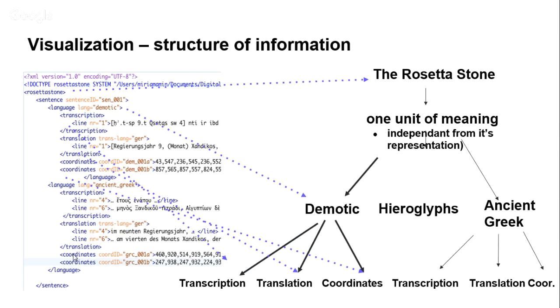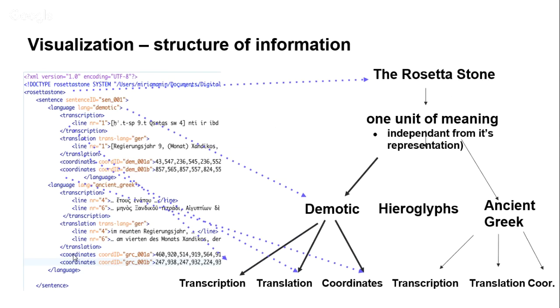Our root element is the stone itself. That is the whole decree with all the scripts on it. The next smaller structural element is one single unit of meaning, such as, for example, a sentence. But here we mean the abstract form, so the unit of meaning independent from its representation in one specific language.